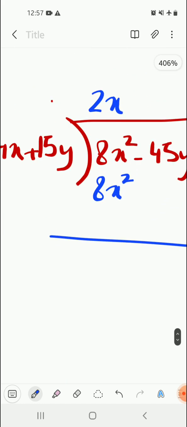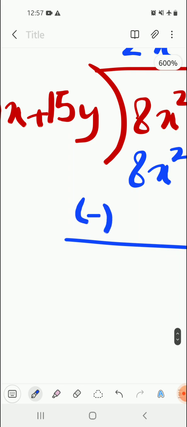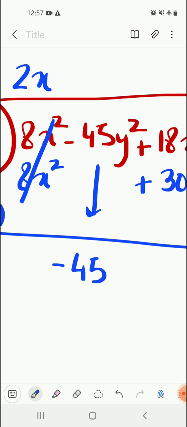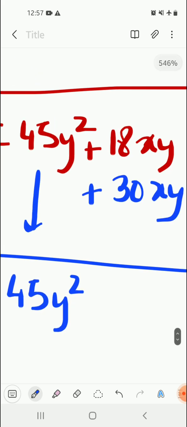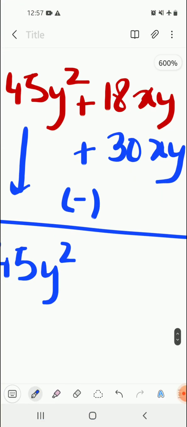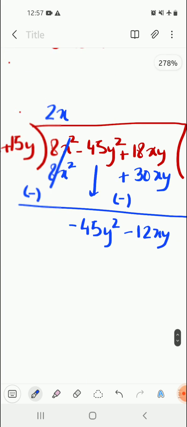Now see, the sign changes, this becomes minus, so it gets cancelled. Now minus 45y square would straight away move here. And here we are going to change the sign. So plus 18 minus 30, it would become 30 minus 18, 12. It would become minus 12xy.